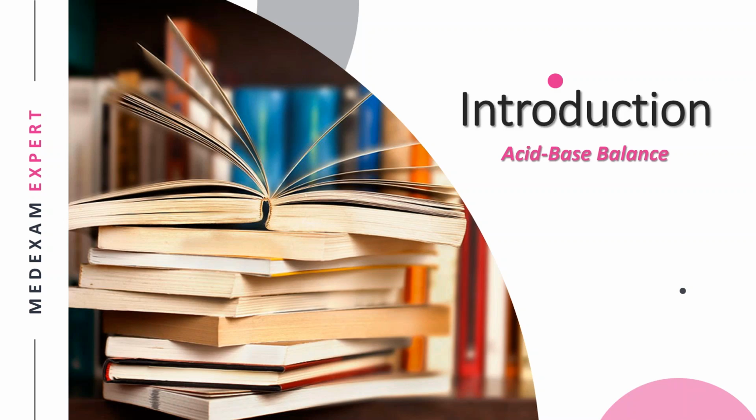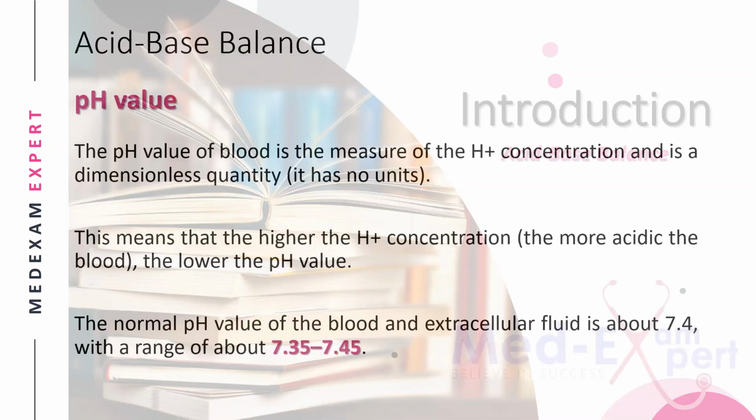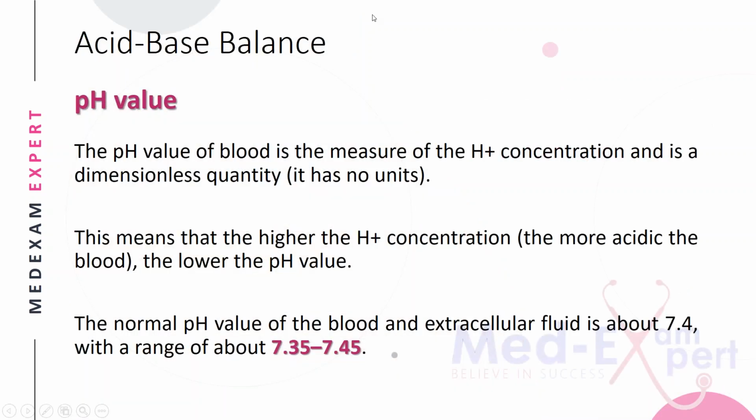First, and of course, I know that most of us know these concepts, but we are just reminding ourselves, the pH value of any fluid, especially, of course, what's more important for us in the blood, is a measurement of how much hydrogen ion concentration is in this fluid.